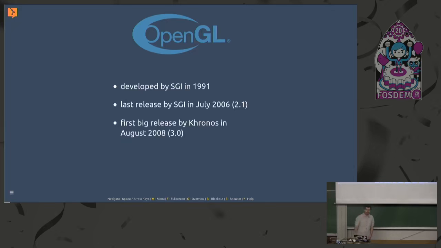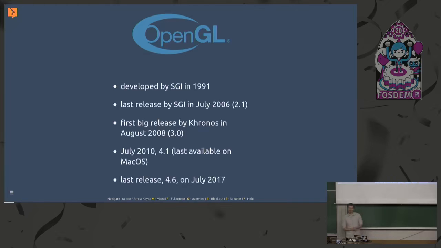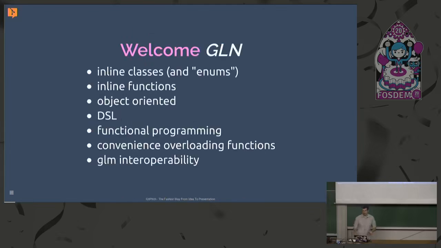They also introduced a deprecation mechanism and contexts. 4.1 is the last version available on macOS. This is a little shame. The last release available for all the other platforms is 4.6, which was released in 2017, two years ago. Vulkan came a little earlier than that. So, welcome GLN.